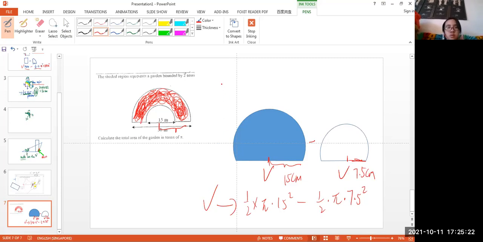Do you get 88.3? cm square, remember? Okay, so far so good. So what's the strategy for such questions? Big minus small. Correct. Okay, next one.